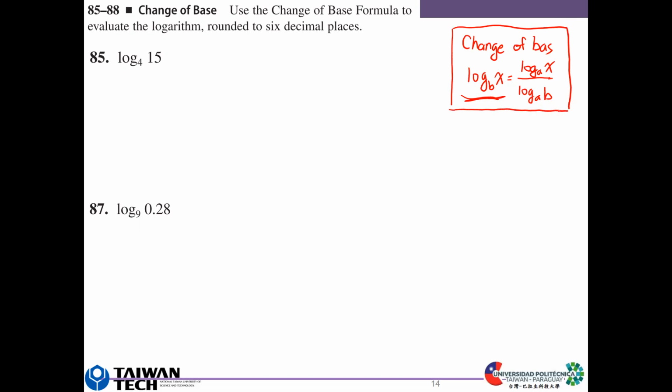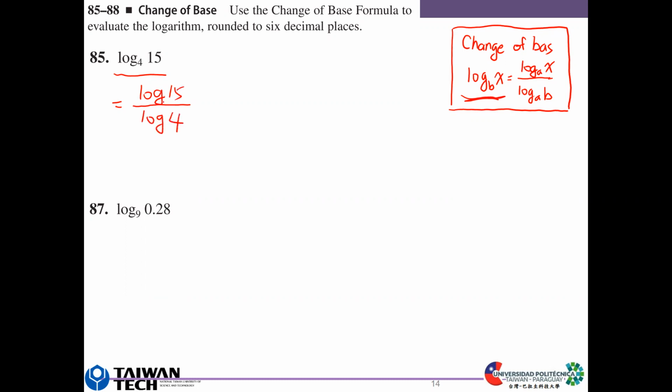This is not hard to derive, and it is in the textbook. So if you are interested, please go to the textbook. For the first one, x is log with the base 4 of 15, and then we apply the conversion of bases. It becomes log 15 divided by log 4.